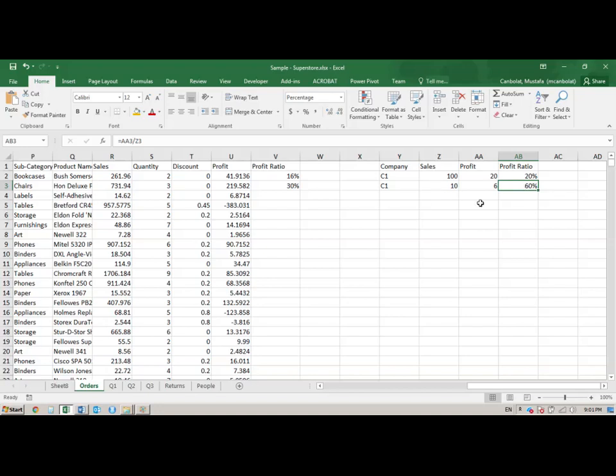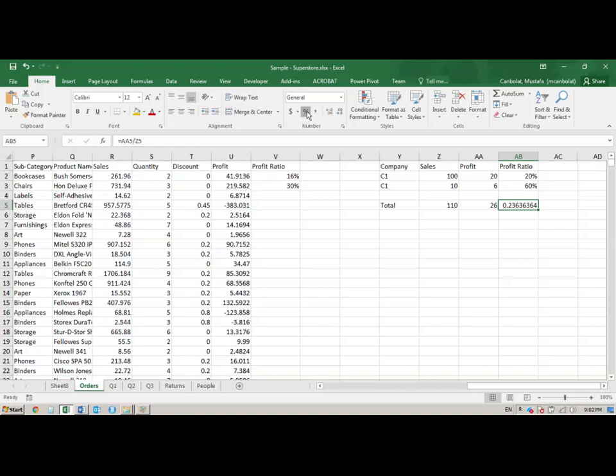My average profit ratio for this company has to use the total sales amounts and total profit amounts. My total for sales is 110, and my total for profit is 26, so the ratio is just 26 divided by 110.